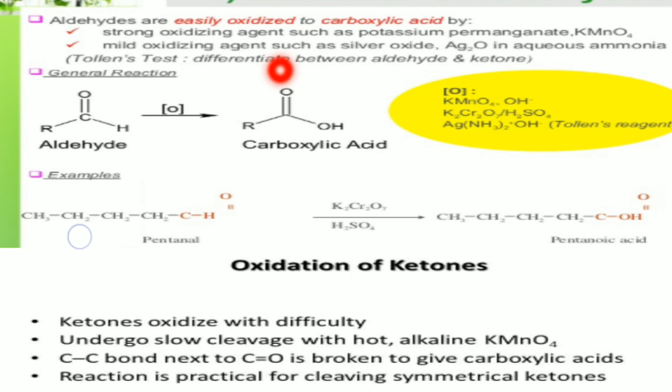Strong oxidizing agents like alkaline potassium permanganate, acidic potassium dichromate, oxidize aldehydes and ketones to carboxylic acids.